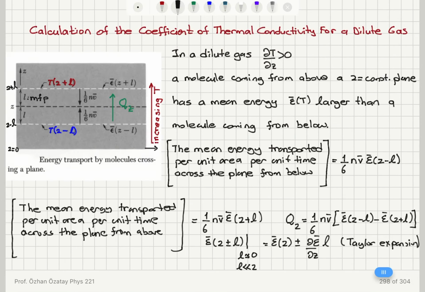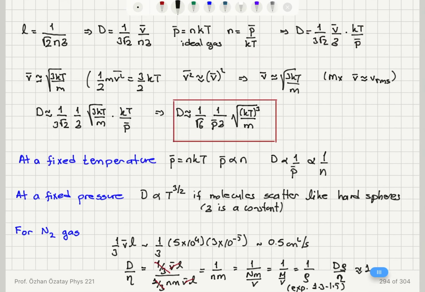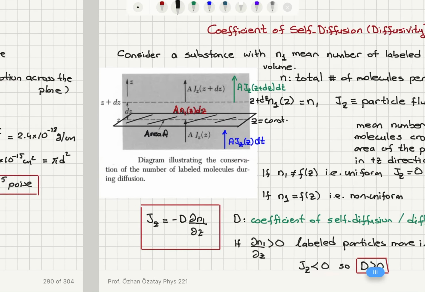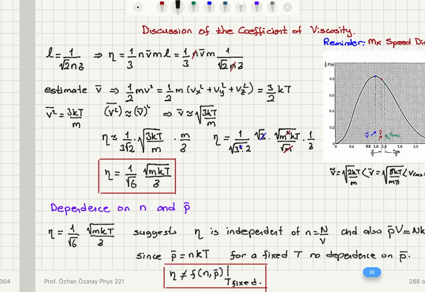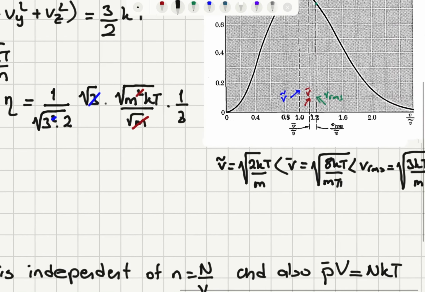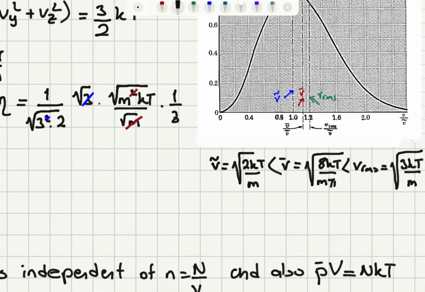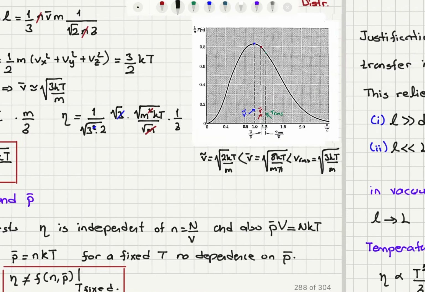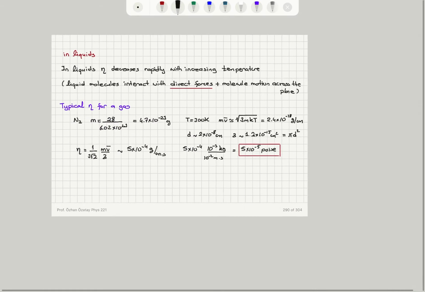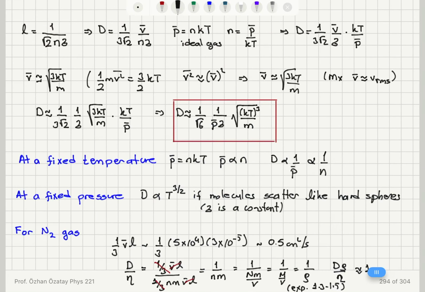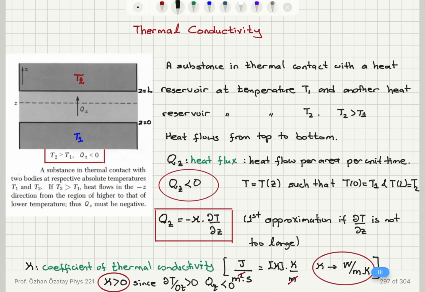If we go back to our review of the Maxwell distribution, you can see that V bar is actually square root 8 kT over m pi. V RMS is square root 3 kT over m, so we're basically neglecting the difference between these two and substituting V RMS for V bar.